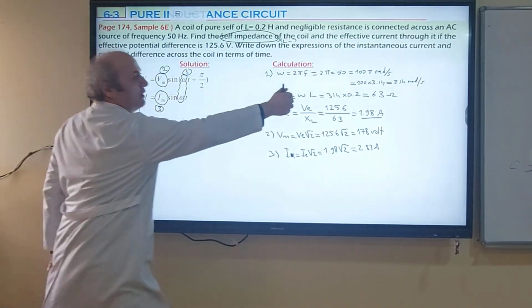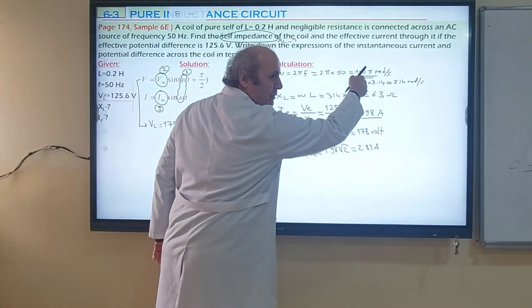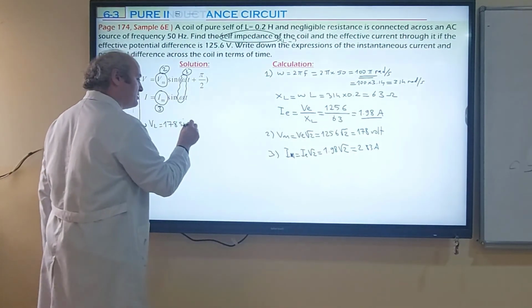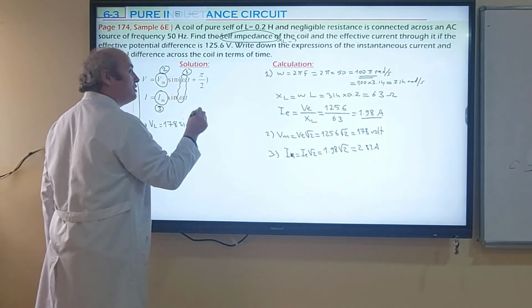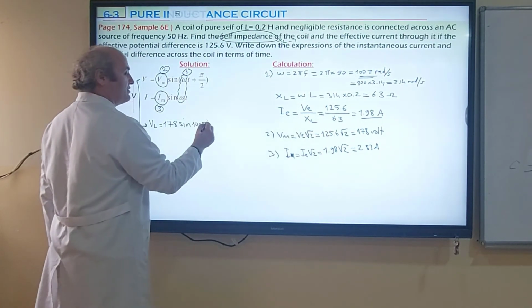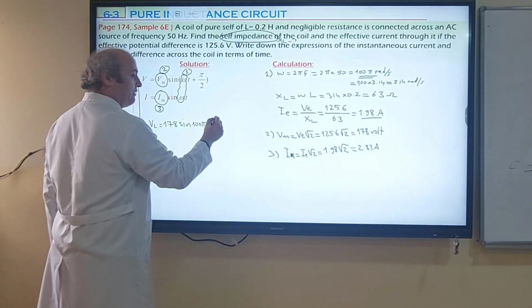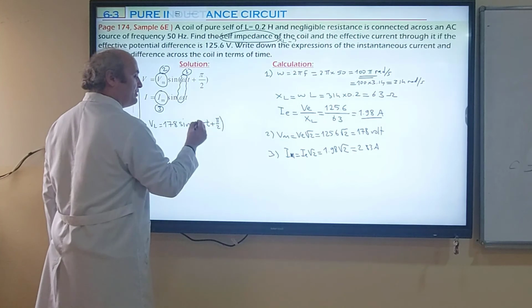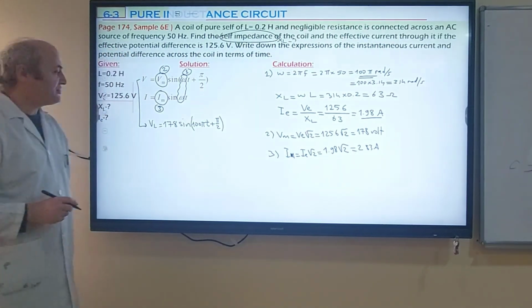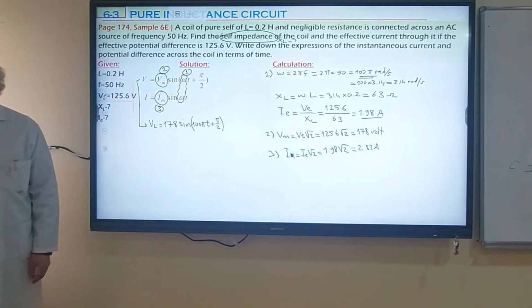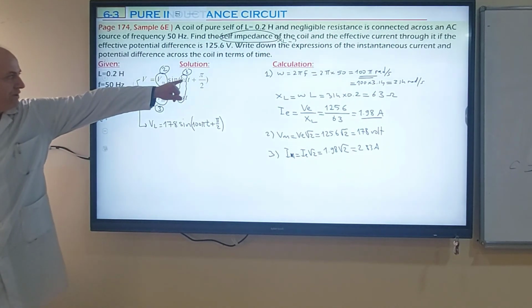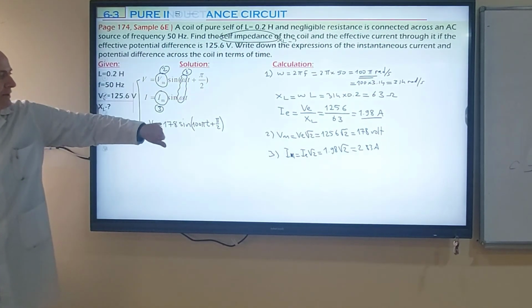Omega we write as 100 pi, and I shouldn't forget the plus pi over 2, so put them in brackets. This is the expression for instantaneous potential difference.